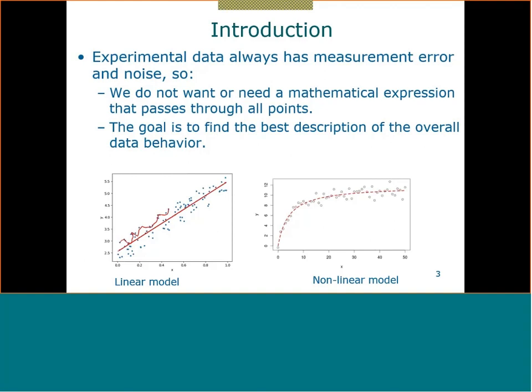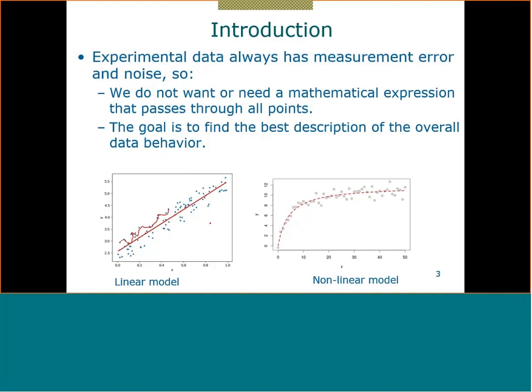So this is why, when you have scattered data like this, we don't like to have a curve that goes through all the points. Instead, we are trying to fit here a linear model that somehow, we'll see that today, minimizes the error between the model, which is the red line, and the points, which are the blue dots.